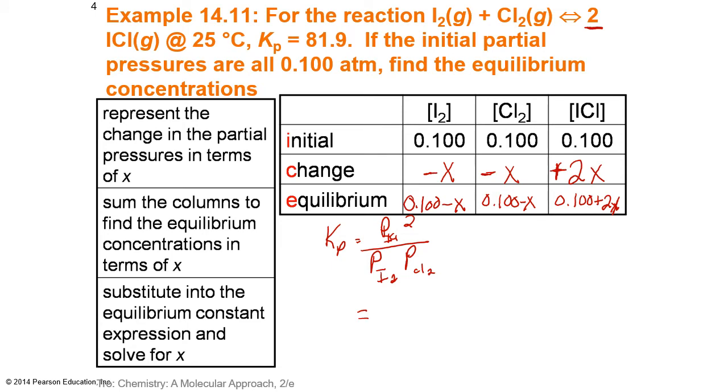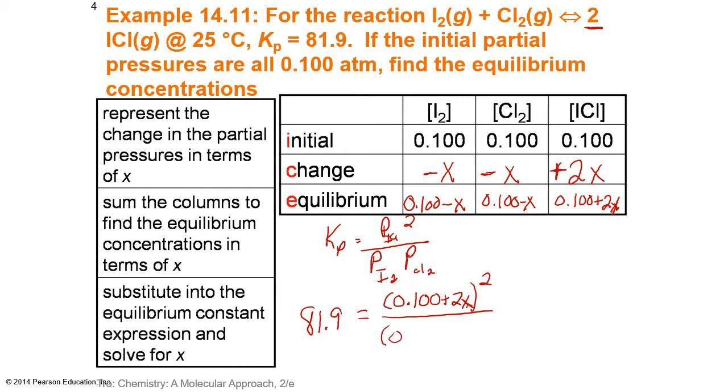So our Kp is 81.9. We're going to put in our equilibrium concentrations. For the partial pressure of ICl, it's 0.1 plus 2x, and that whole thing is squared.